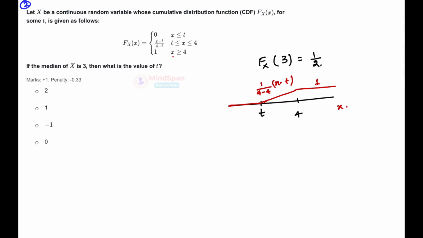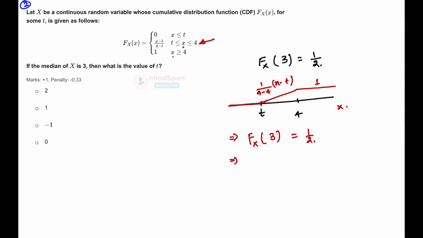So at the median, the CDF value would be half, right?